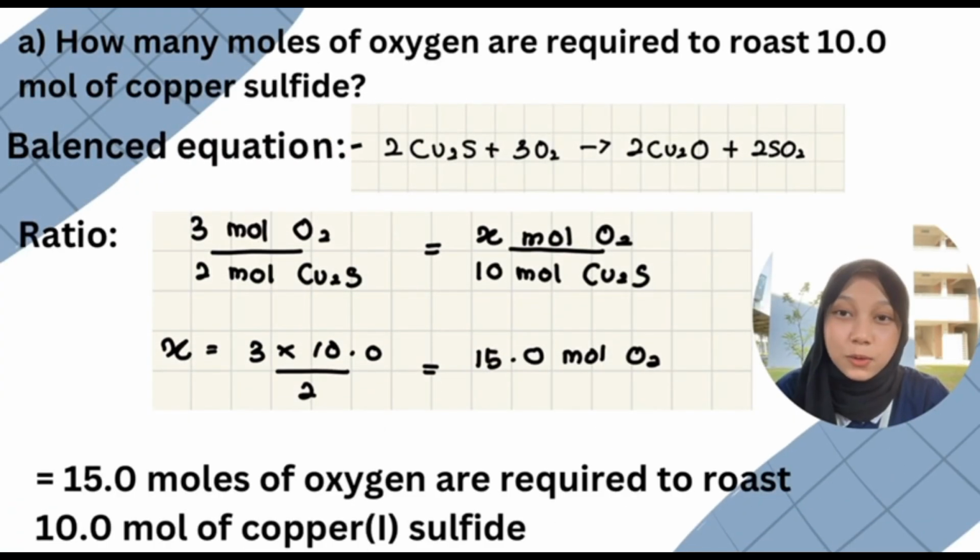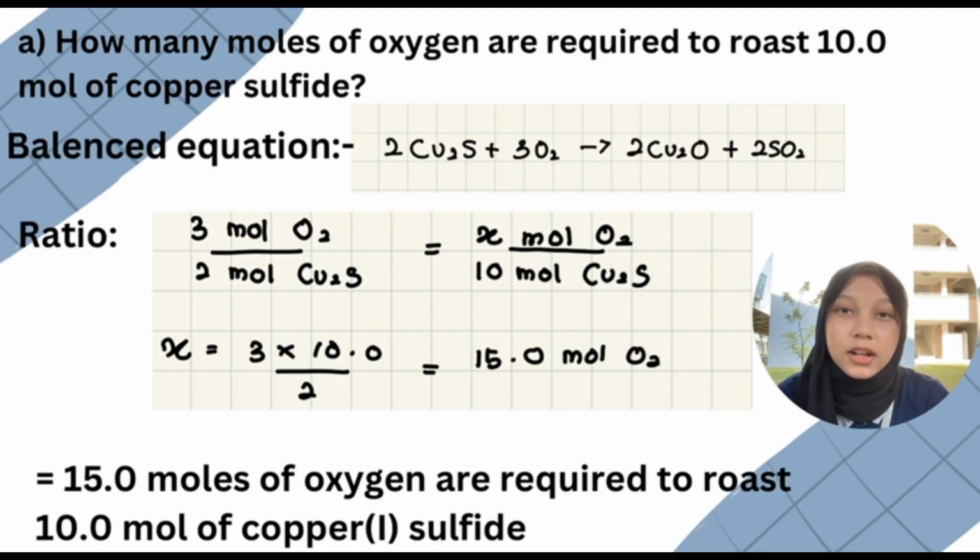Okay, so let's go through the first question. First of all, you need to write the balanced equation, which is 2Cu2S plus 3O2 forms 2Cu2O plus 2SO2.